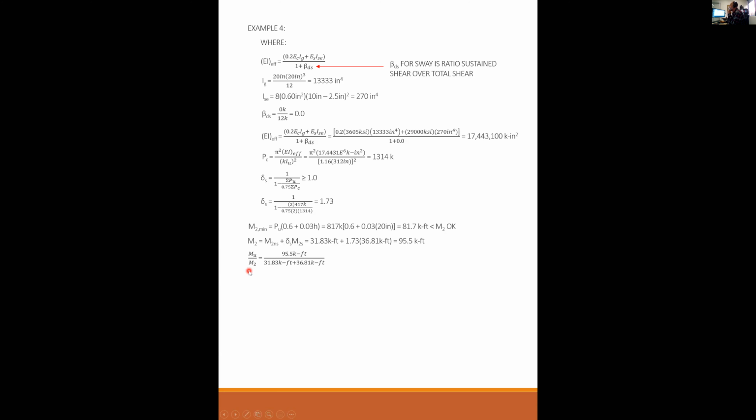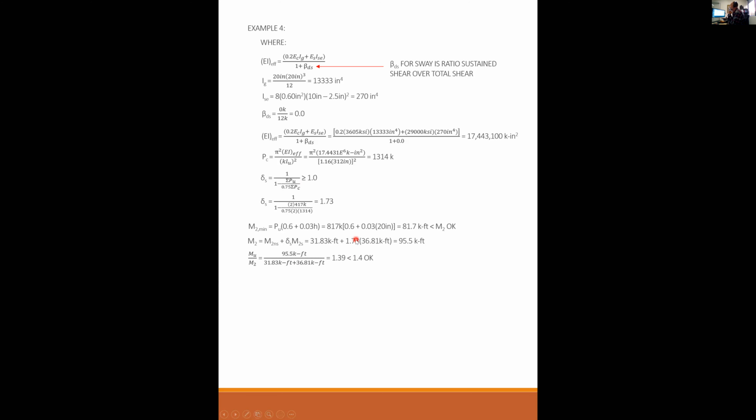Mu over M2 is 95.5 over 31.83 plus 36.81 is the total factor. Remember, I split it into the non-sway and sway. So I add them back together and I get a ratio of 1.39. That has to be less than 1.4.